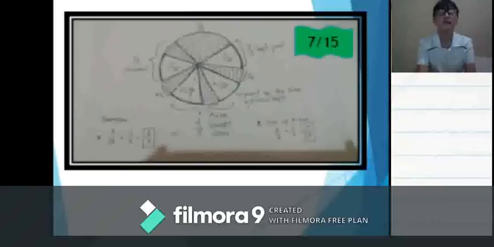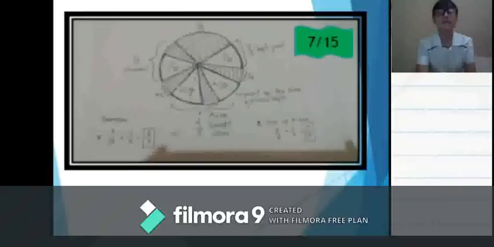Again, to really understand the process of subtracting fractions, tomorrow I'm going to reveal the proper steps of how you find this answer.